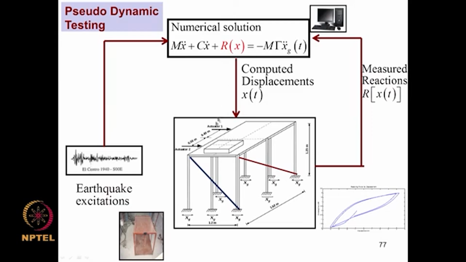So, when we say that we have to apply a displacement of say 2 mm, we may not be able to apply exactly that displacement, there will be an error, and when we measure the force transferred there will again be an error due to errors in measuring through the load cells. So, all those errors also propagate. So, the major challenge in this approach is of course how to combine part of the finite element model with an experimental protocol, and also how to deal with newer sources of errors in establishing these integration schemes.